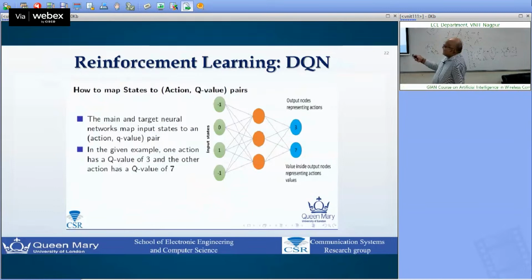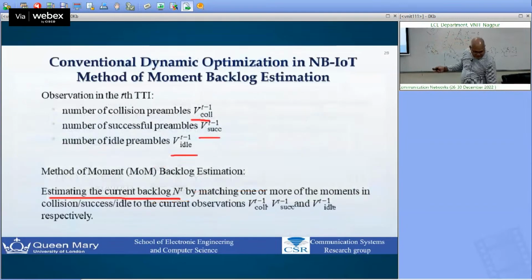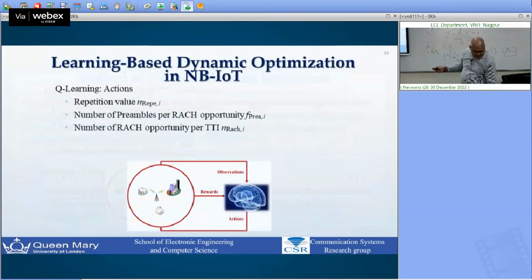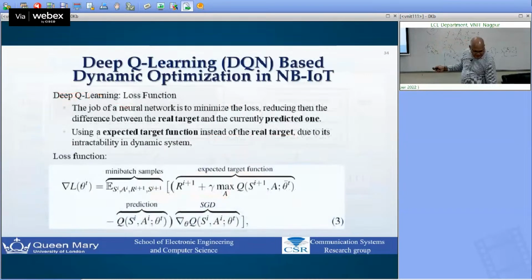How the weights are updated in the neural network is based on the loss function. The loss function is the difference between the expected target function and the predicted one.